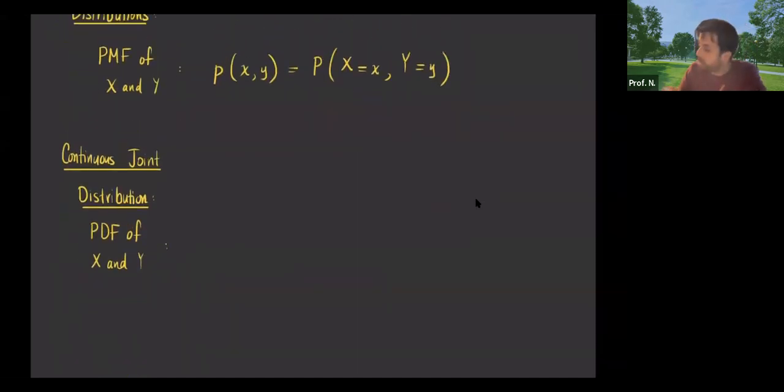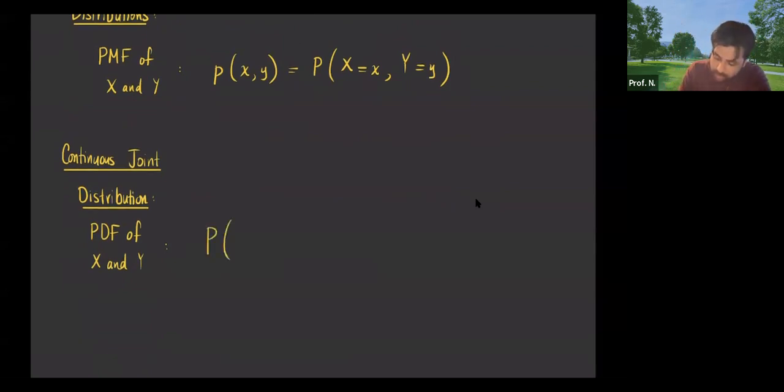And we normally use the little f symbol. So this is going to look something like this.